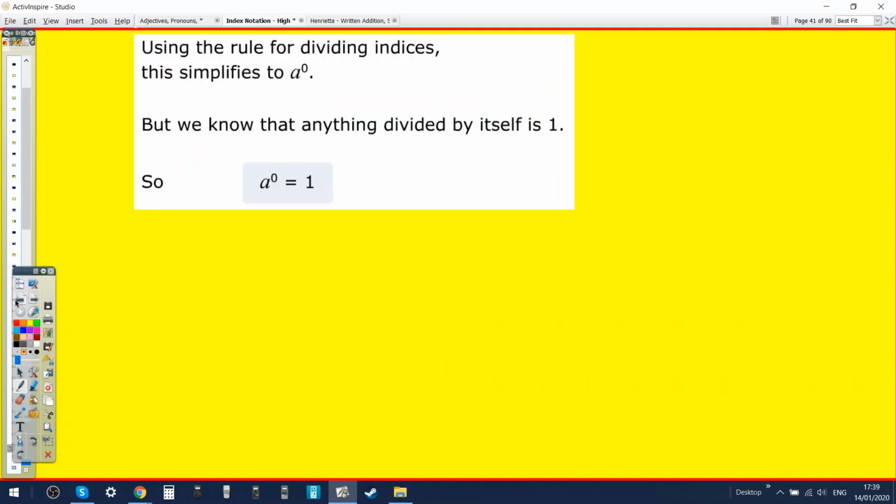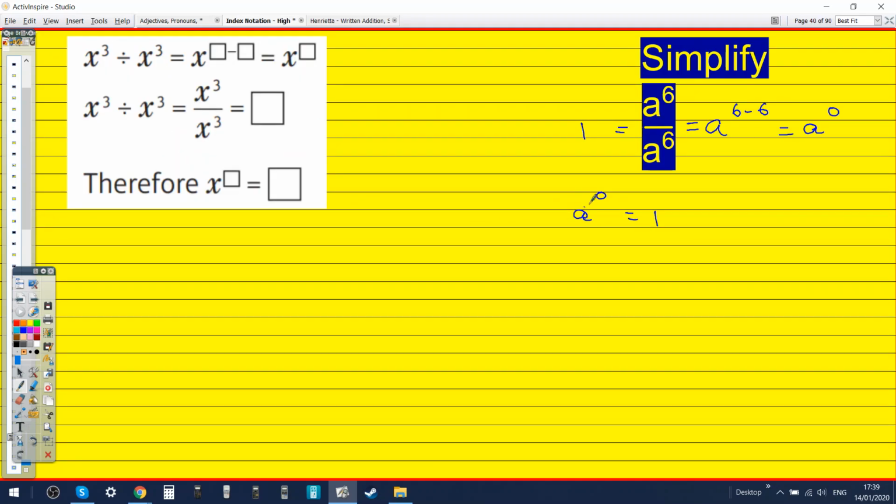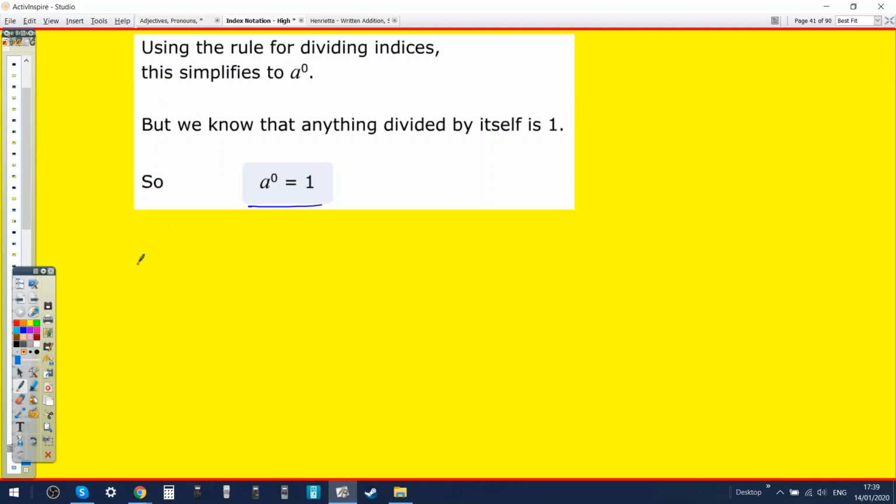We just saw it a second ago. Any number to the power of 0 must be 1 because it's something divided by itself. The only way to get 0 is any number take away itself. The only way to get 1 is any number divided by itself. And so it could be written as an index number divided by an index number. So any number to the power of 0 gives you 1.